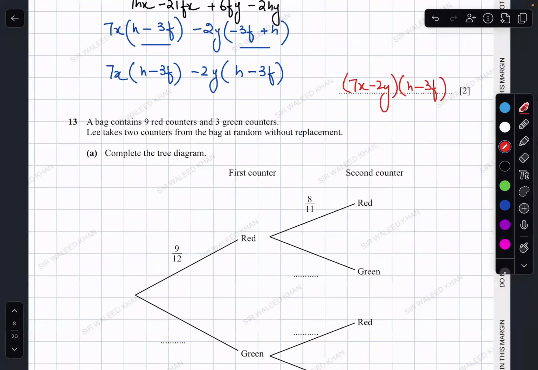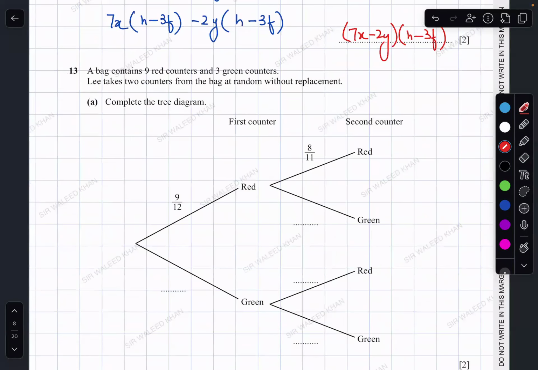Next, a bag contains 9 red counters and 3 green counters. D takes 2 counters from the bag at random without replacement. So without replacement, the total is going to be affected. Total will change. Obviously, if they are not putting one of the counters back, that color is also going to be affected and the total is also going to be affected.